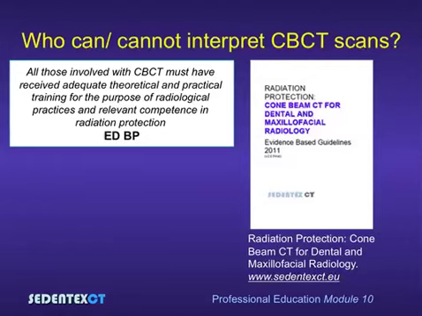The Radiation Protection Cone Beam CT for Dental and Maxillofacial Radiology document, produced by the Sedentex CT project in 2011, makes two recommendations related to this.